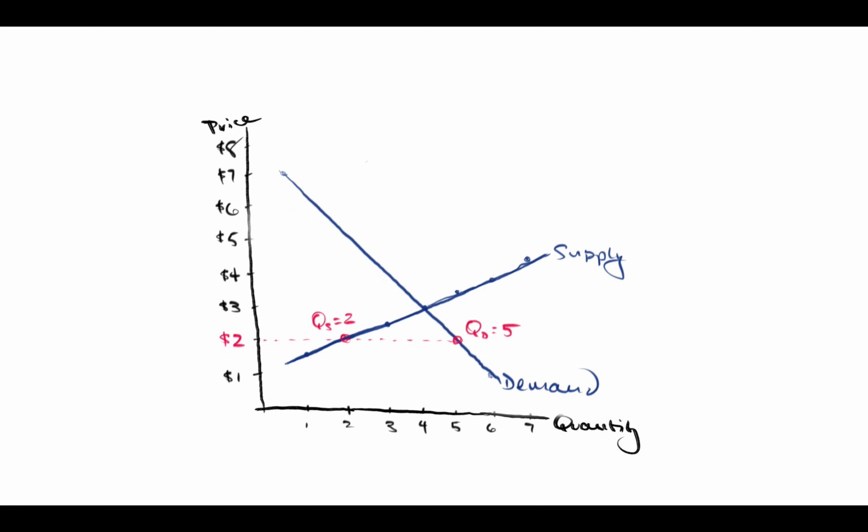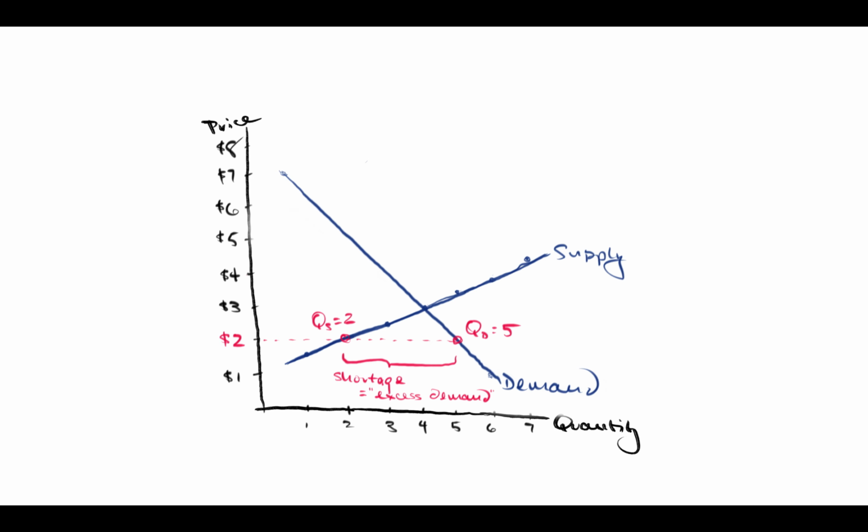Okay, now once again, we've got a mismatch between the quantity demanded and the quantity supplied. 5 people want to purchase pizza, but I'm willing to make only 2 slices. So that gap between the quantity demanded and the quantity supplied can be thought of as a shortage.